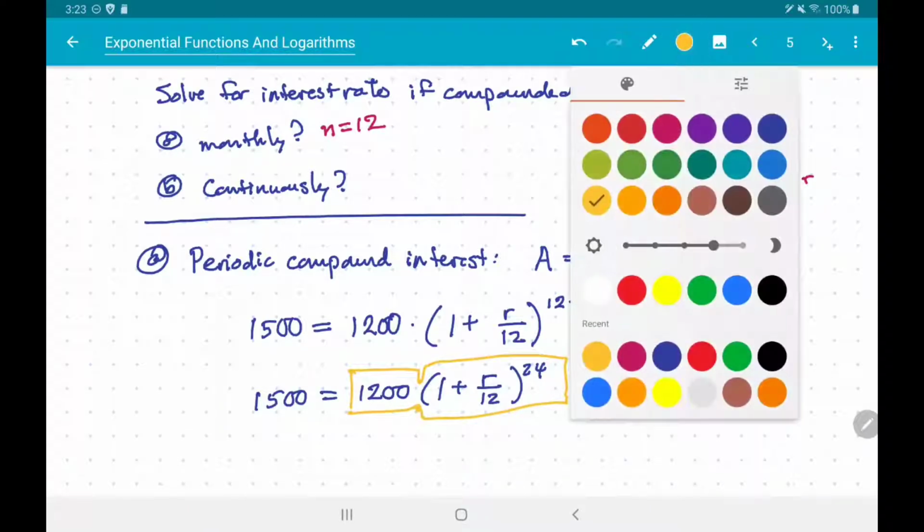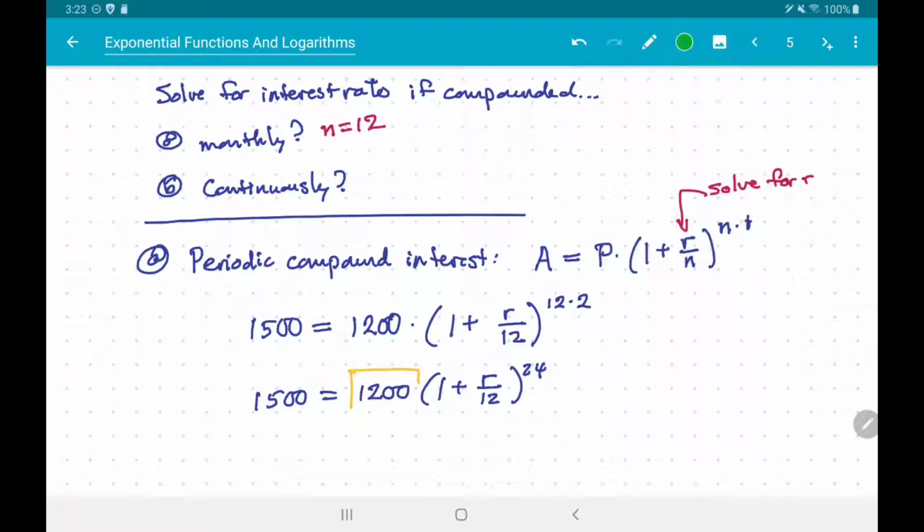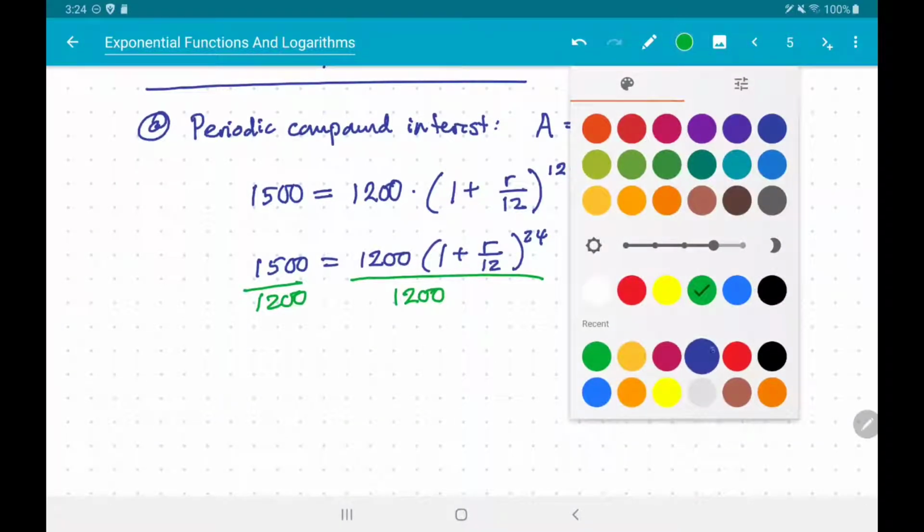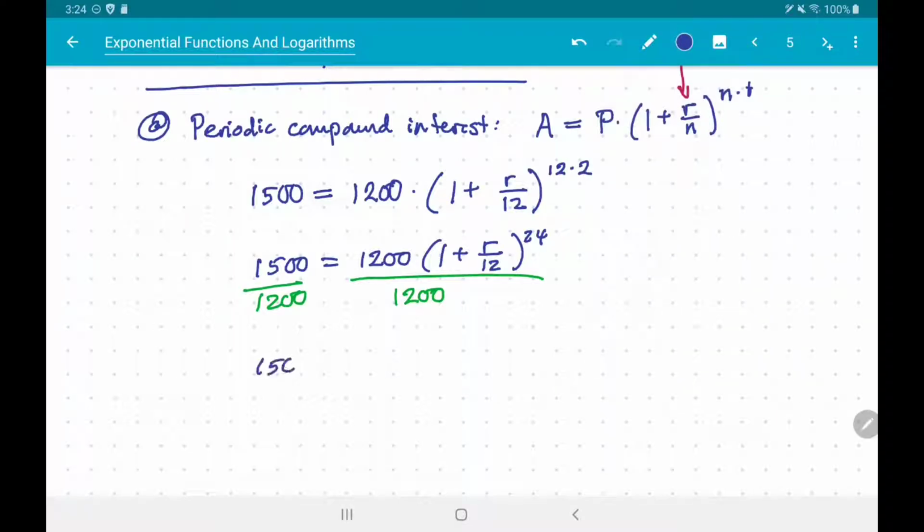So I'm going to undo multiplication by 1,200 with division by 1,200, and I have to do it to both sides. This is the step that students generally struggle with.